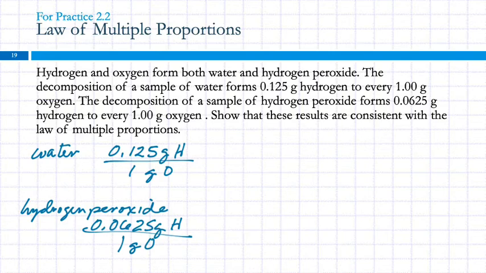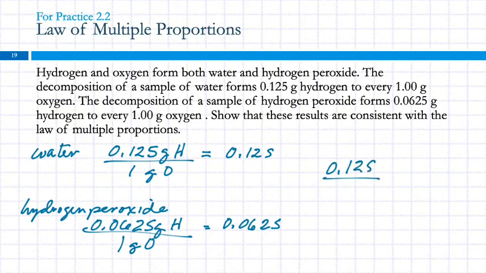To show that this is consistent with the law of multiple proportions, we're going to take the ratio of the ratios. So we could express this as 0.125 and this as 0.0625. If we take that ratio, do it on your calculator, what does it come out to? 2. Yep. Small whole number.